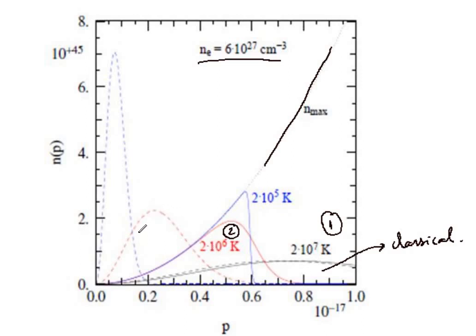Now you see, this many electrons are not permitted. So where will they go? They will move to this side.